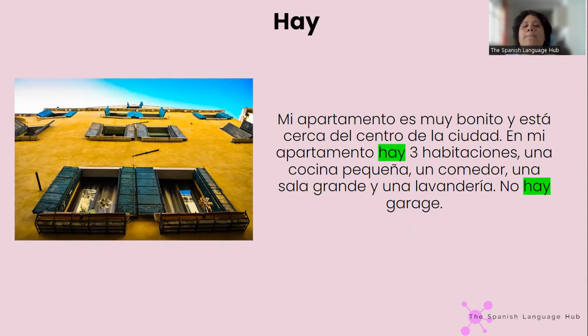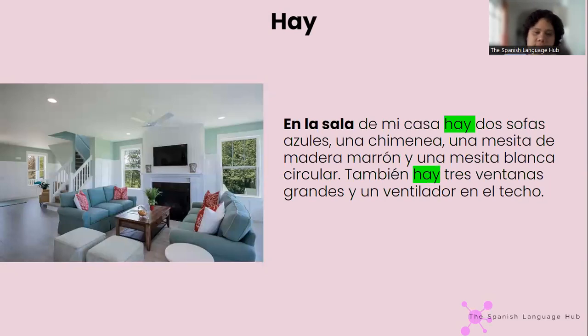All right. Now here, more specifically about la sala. En la sala de mi casa hay 2 sofás azules. So you can see here, una chimenea, una mesita de madera marrón, here, una mesita blanca circular. También hay 3 ventanas grandes y un ventilador en el techo.